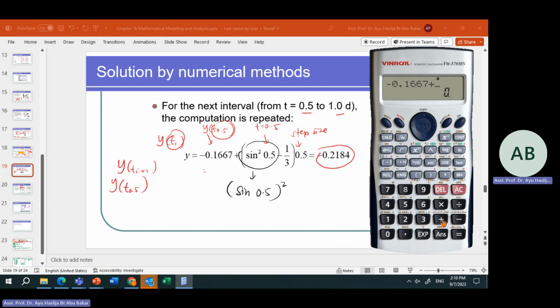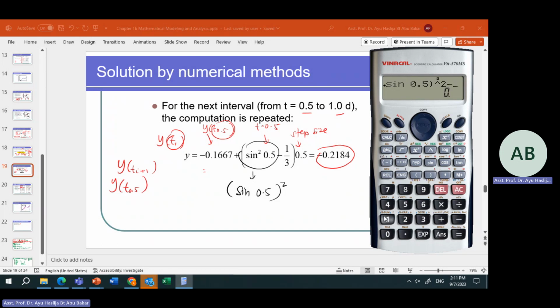Okay, so this is how to input in the calculator: in bracket sine 0.5 close bracket power 2. It depends on your calculator model.